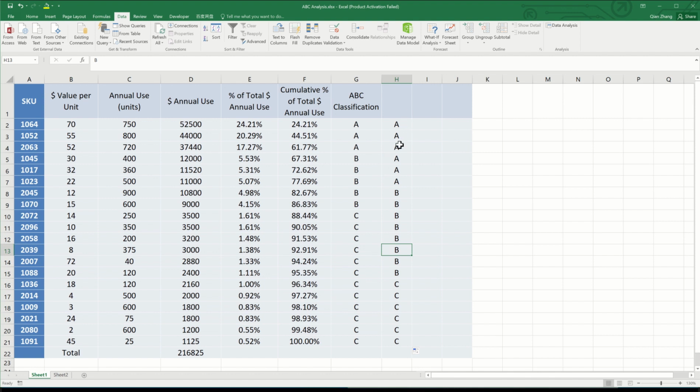It should only take up 20%. So if you have 10 SKUs, then you just need to choose two of them into the A category, or maybe one of them. You still need to consider the percentage of SKUs. For this problem, we have around 20 SKUs here.